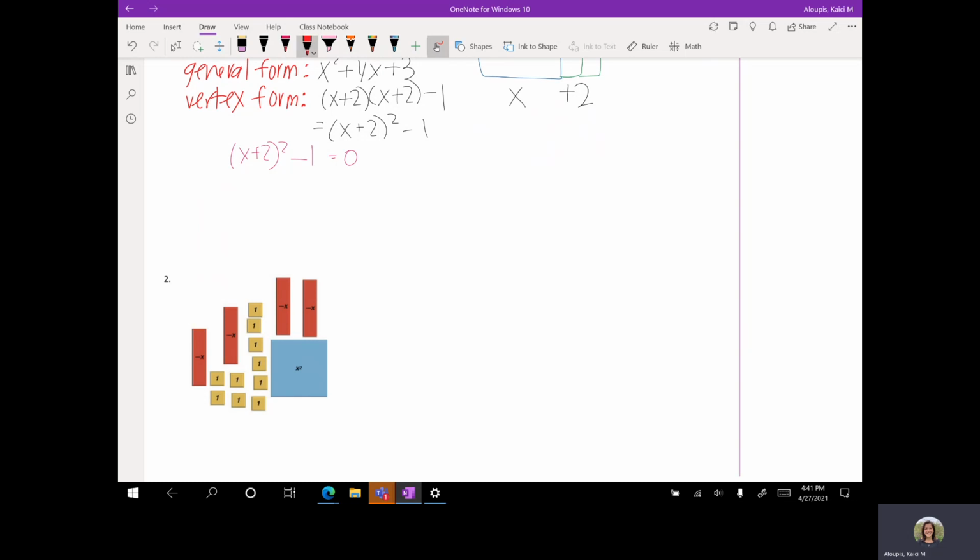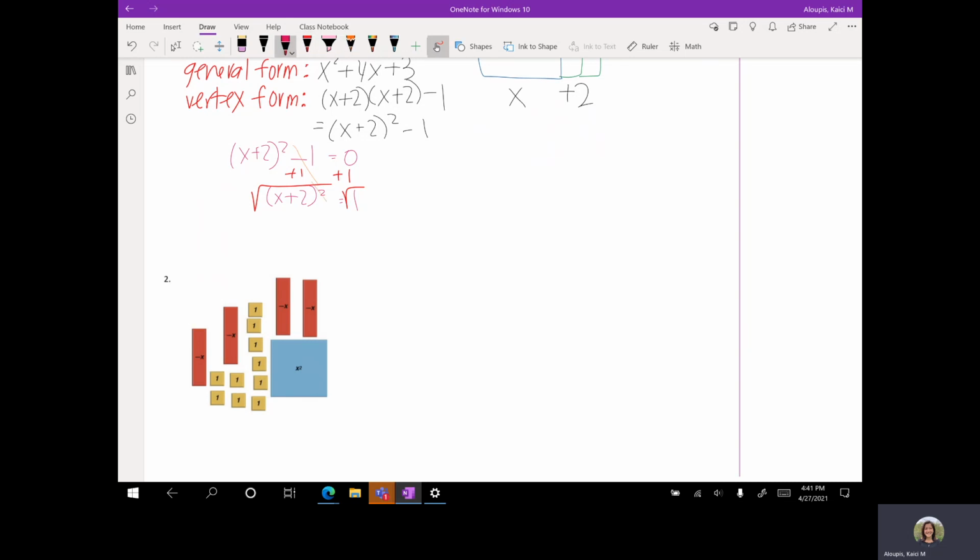I'm going to add 1 to both sides to cancel that out. So then I have x plus 2 squared is equal to 1. Remember, to undo the squared, we take the square root of both sides. And that's going to cancel that out.